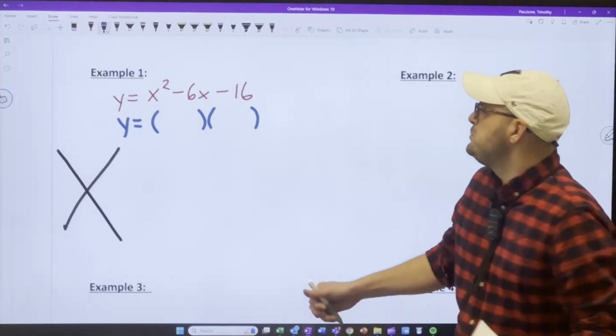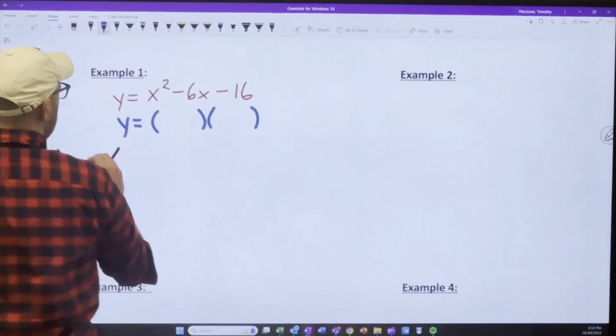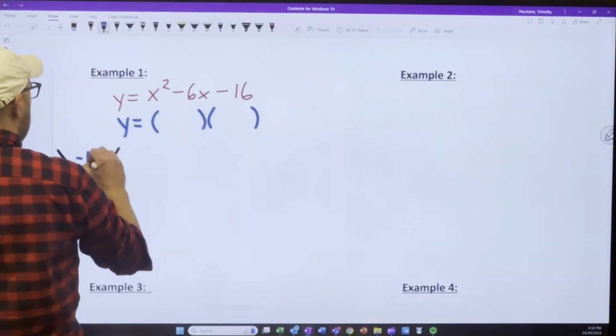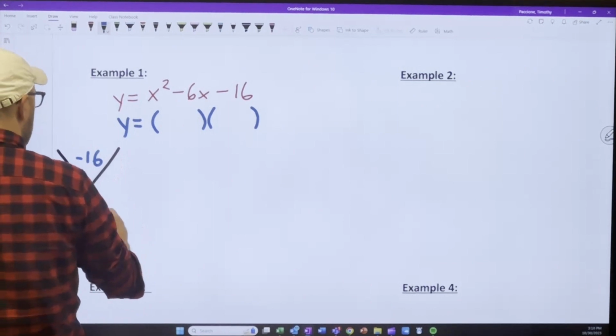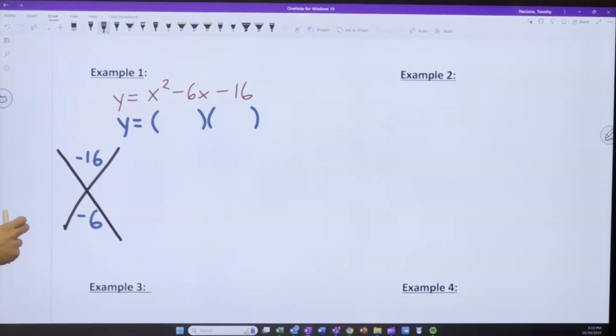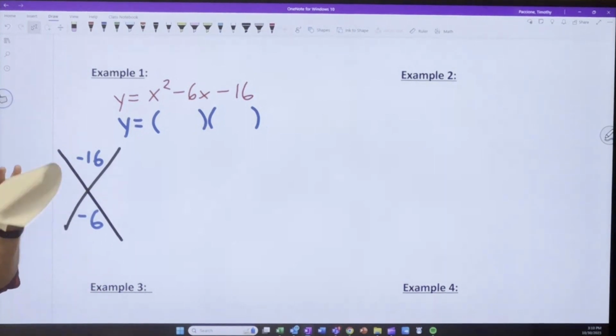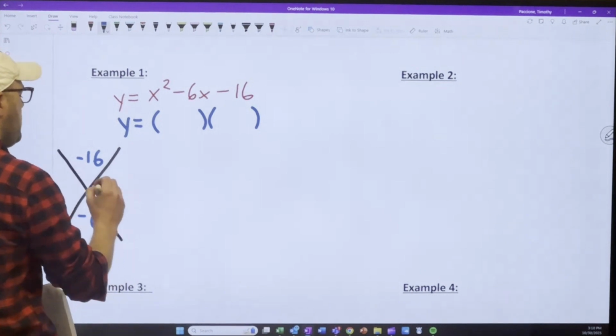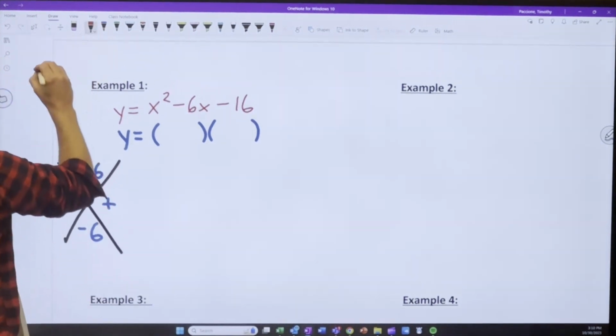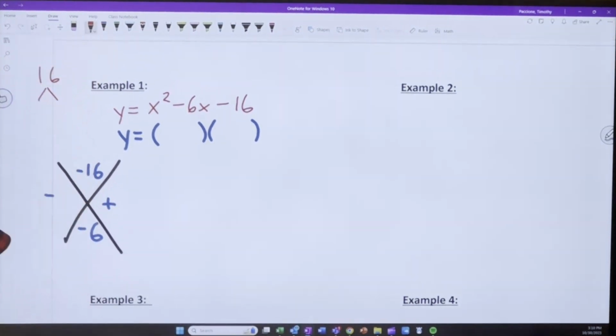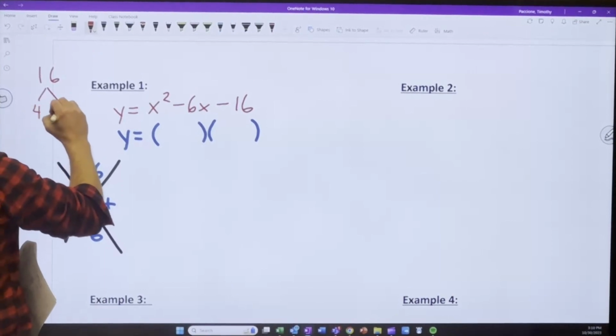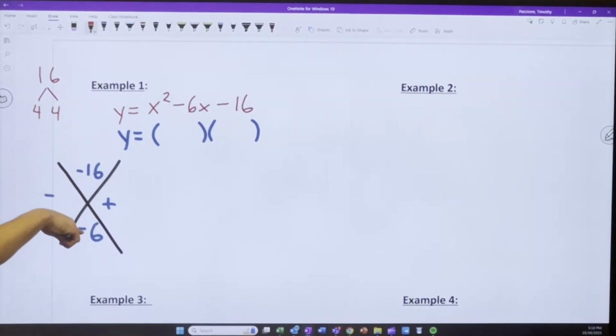All right, so what goes on the top? Negative 16. What goes on the bottom? All right, so when you're doing these, you want to first think about the signs. If I multiply to get a negative, what must be true about the two numbers? One of them's negative, one of them's positive. Then I think to myself, okay, 16. Well, what multiplies to give me 16? 4 and 4. 4 minus 4 is not 6.